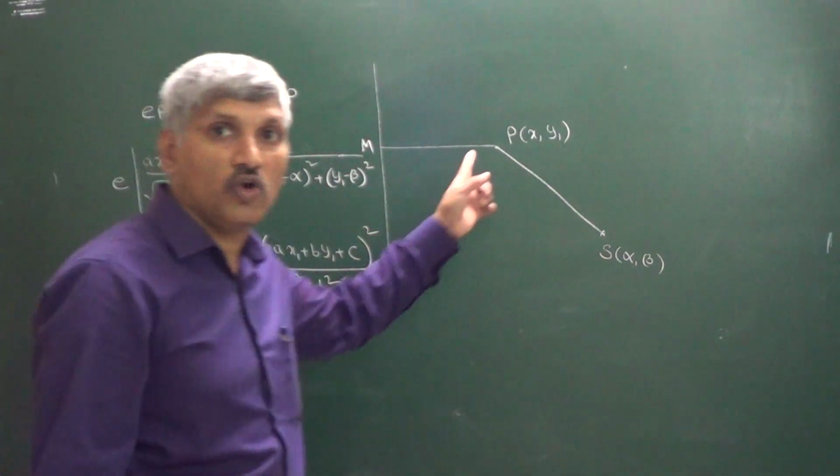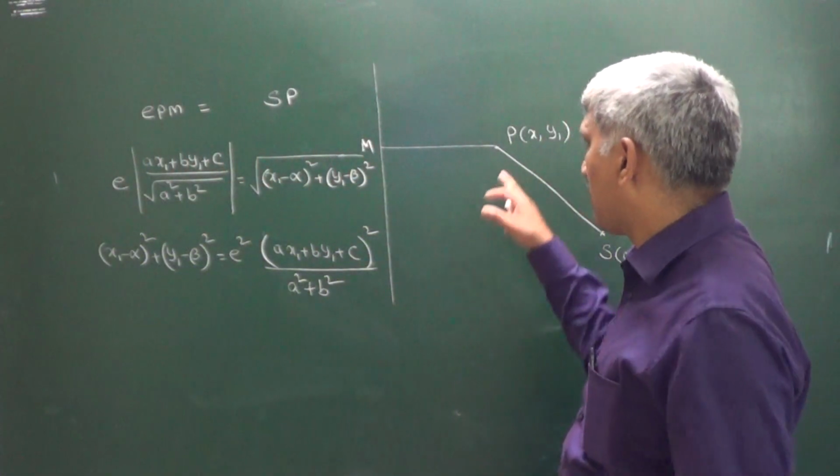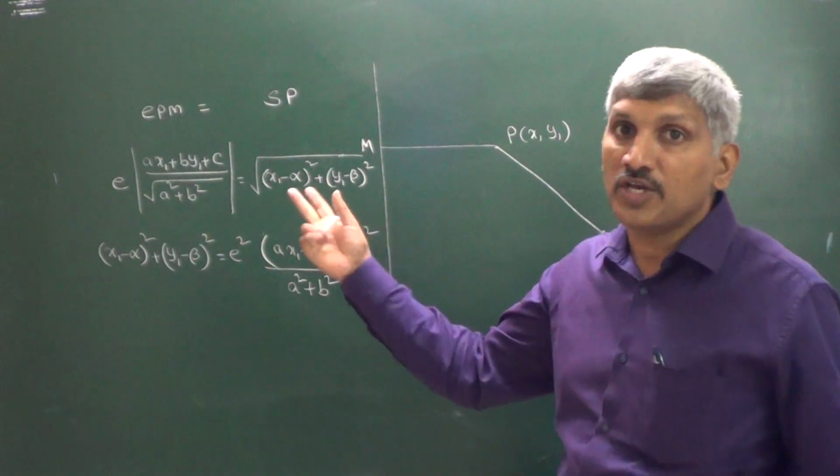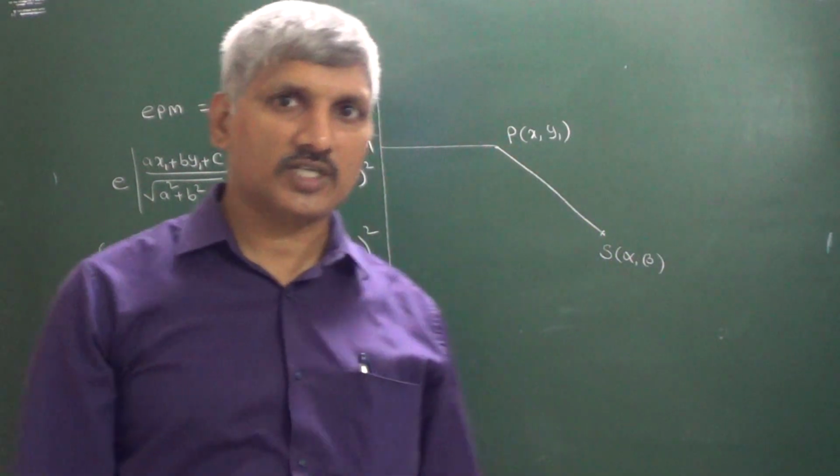Now we have to find the locus of a point P(x1, y1). For finding the locus, in place of (x1, y1) we can write (x, y).